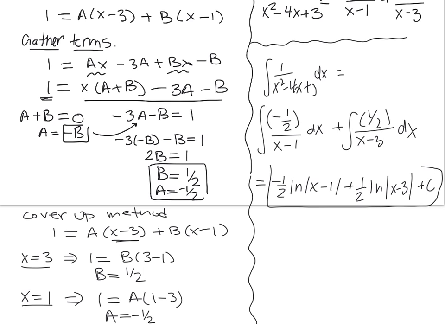Now that answer is good enough for me. If you're checking your answer with Wolfram Alpha, it might use log rules to do some simplifying. So for example, if you write this like 1/2 ln absolute value of (x minus 3) minus 1/2 ln absolute value of (x minus 1), one thing that might happen is those 1/2s might be pulled up and become roots.